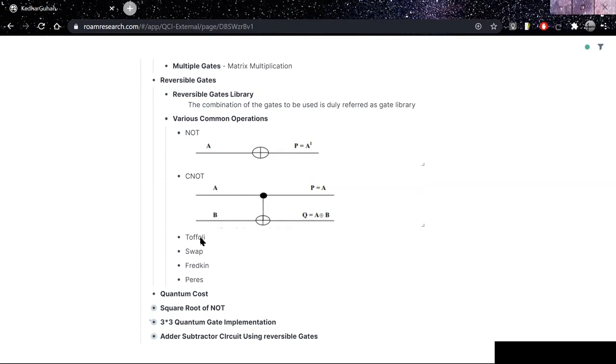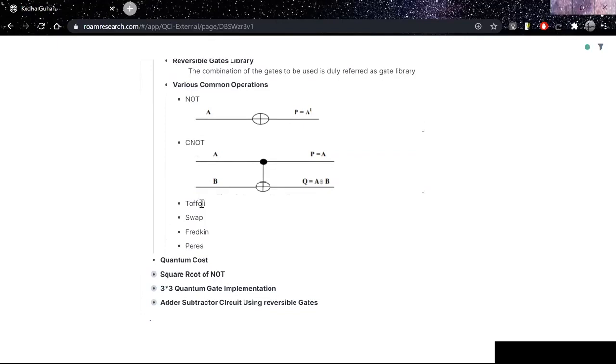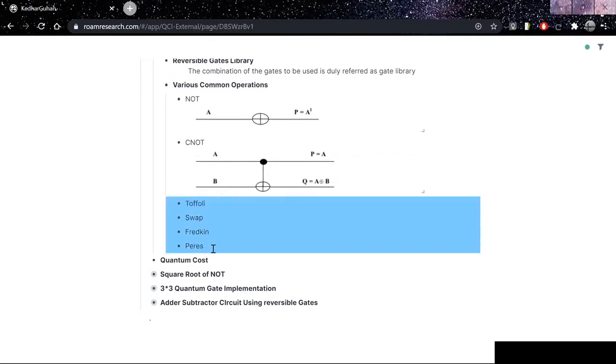In a previous session, one of the physical implementations of this was explained using photonics. These gates are basically 3 cross 3 matrix gates, so here 3 qubits are being used and processed.